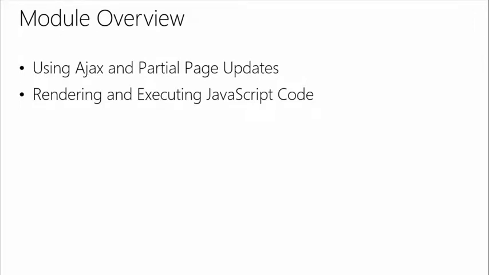So that way, if you've got sort of the outside and you just want to update one little portion, you can do that by utilizing a partial page update. Again, for those of you that have done web forms, you might already be familiar with this with the little update panel. Now we're going to see the MVC form of that. The second half is going to be about utilizing JavaScript, utilizing jQuery, and incorporating that into our applications.